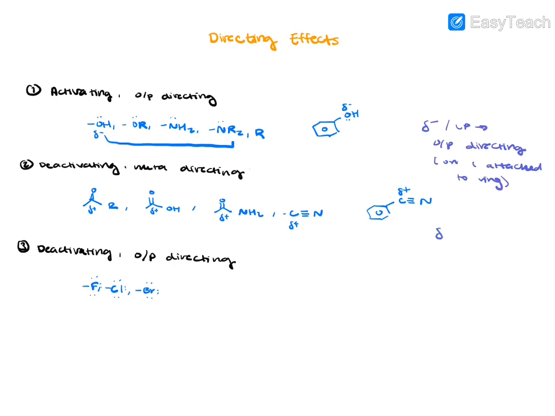And if it's a partial positive on the carbon attached to the ring, it is deactivating. And then halogens are deactivating ortho-para directing. But really, if you just remember that it's ortho-para directing, that's all you really need to know for the understanding of an exam.